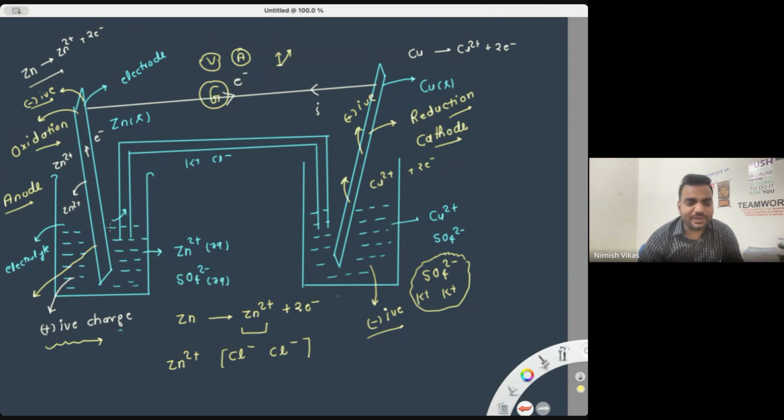When they have different potential, we can say there is a potential difference between electrode and electrolyte, especially at their interface, because there is a different charge. This plate is always negatively charged, solution is always positively charged. So their interface, meaning common phase, will have a potential difference. And this potential difference is called electrode potential.